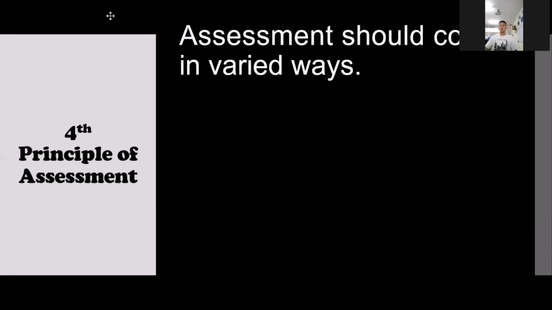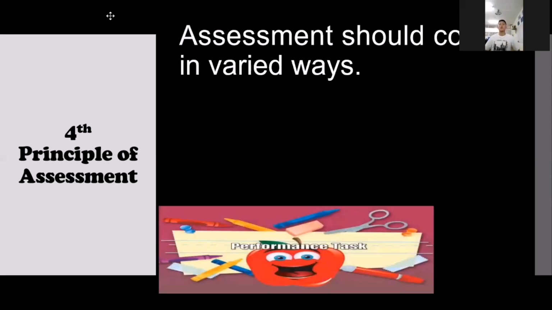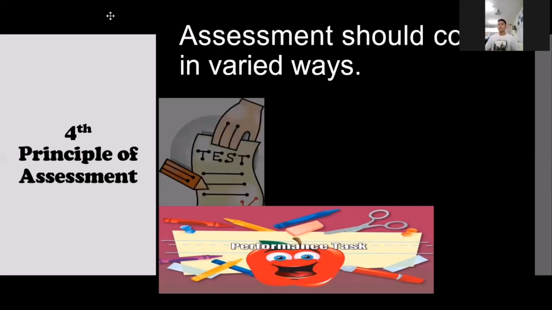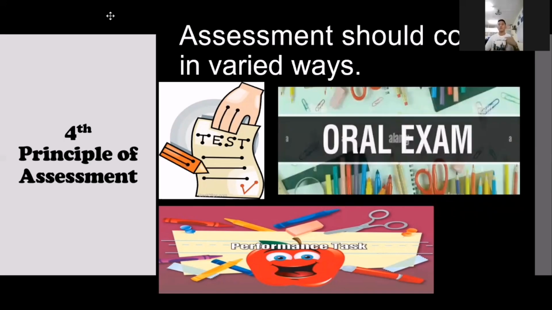So the fourth principle of assessment is that assessment should come in varied ways. In what ways? We have performance tasks. You can employ performance assessments. Another one is through standardized tests or summative examinations, as I've mentioned lately. And then through oral examination or oral questioning.